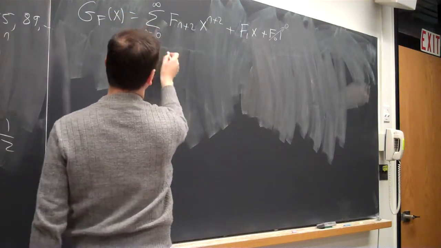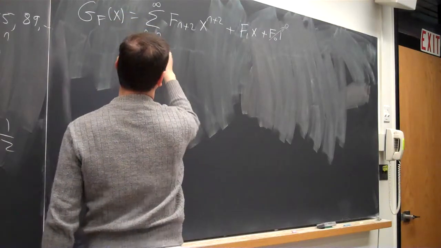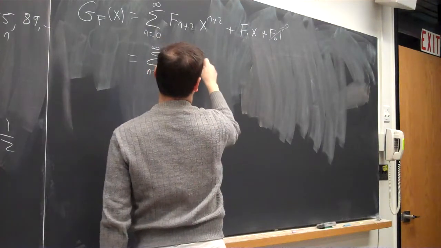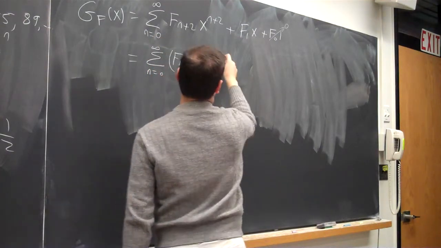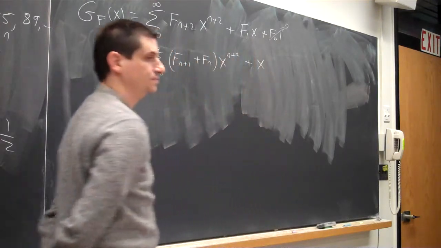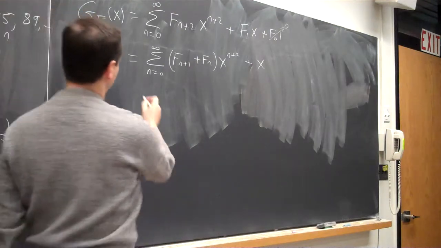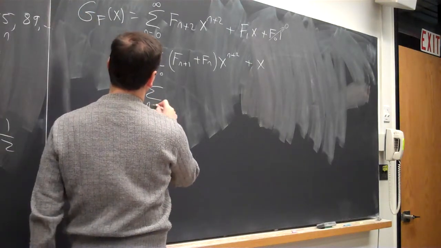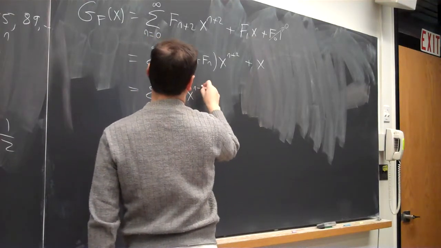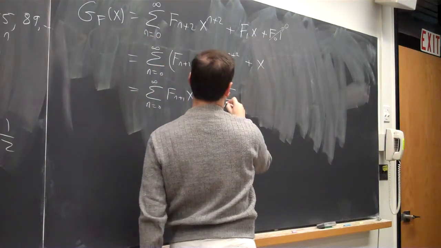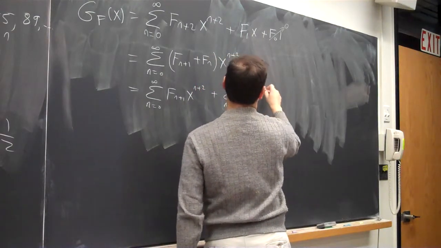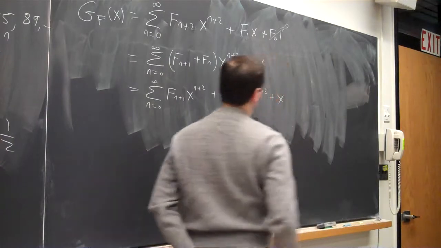Okay, so now what comes next? I have the sum, n goes from 0 to infinity. Fn plus 2 is just Fn plus 1 plus Fn times x to the n plus 2, plus x. And so now if I write this, I have the sum, n goes from 0 to infinity, Fn plus 1 x to the n plus 2, plus the sum, n goes from 0 to infinity, Fn x to the n plus 2, plus x.